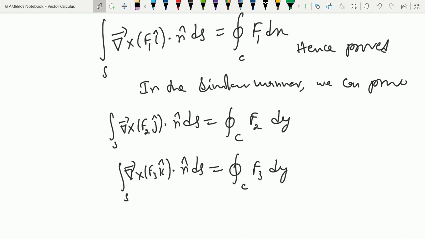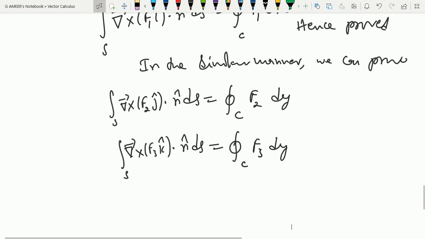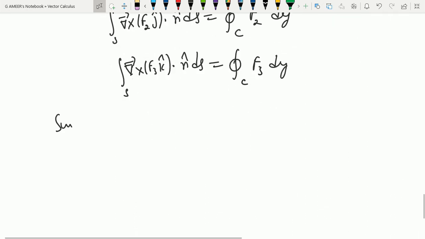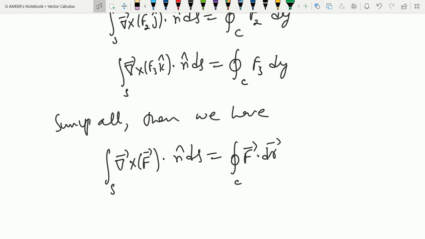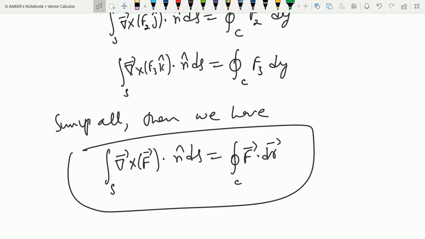So when I sum all the left-hand sides and right-hand sides, finally I'll get the same as what we need to prove. Sum of all, we have the surface integration of del cross F dot n cap dS equal to the integration over the closed curve of F dot dr.